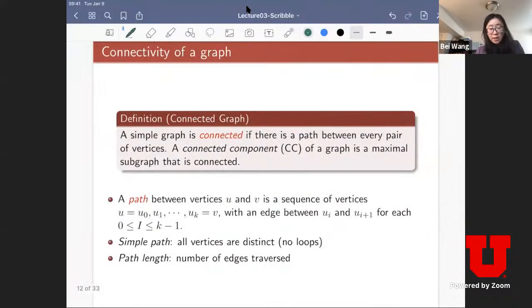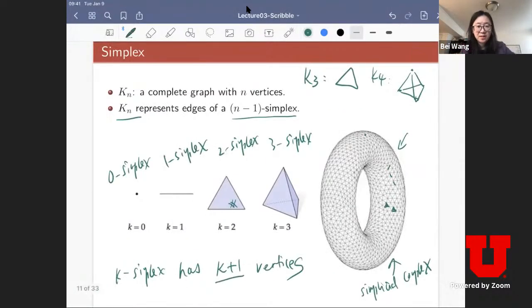Okay, so going back to graphs, the last bit I want to mention is that the complete graph with n vertices represents the edges of an n-1 simplex. So K of 4, the complete graph of 4 vertices, corresponds to the boundary of the 3 simplex.